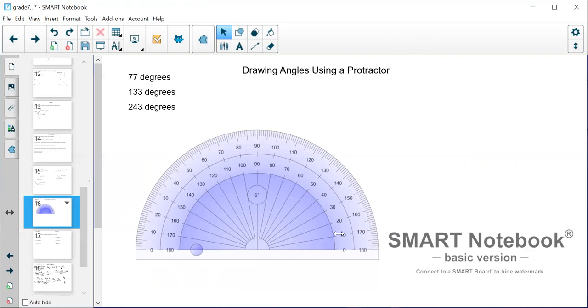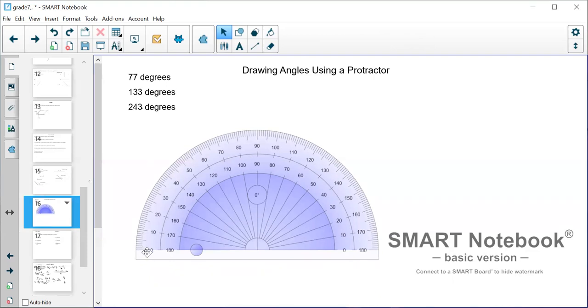Let's look at the one on the inside, where 0 starts on the right-hand side and increases as you go to the left: 10, 20, 30, 40, 50, and so on, all the way to 180. There is a reason for that, and we'll get into that just now.